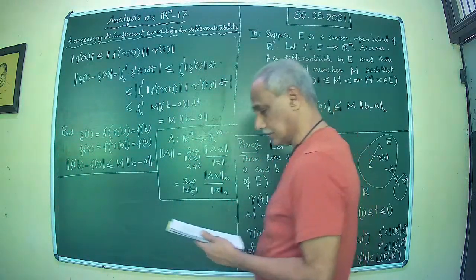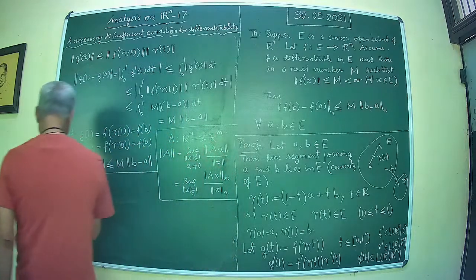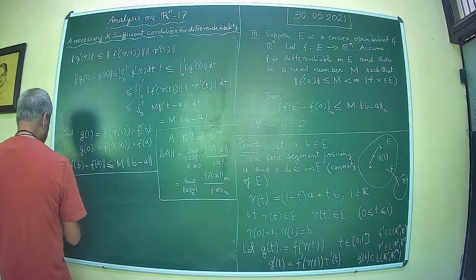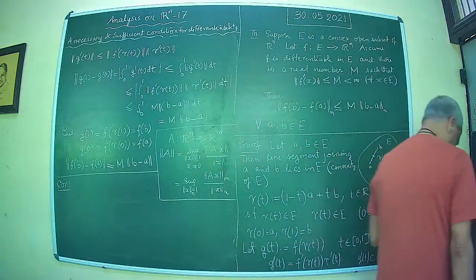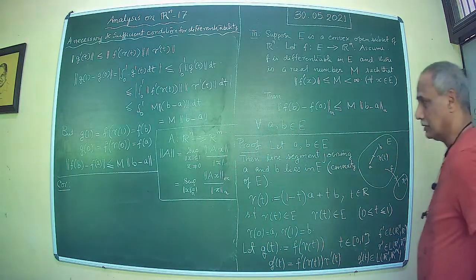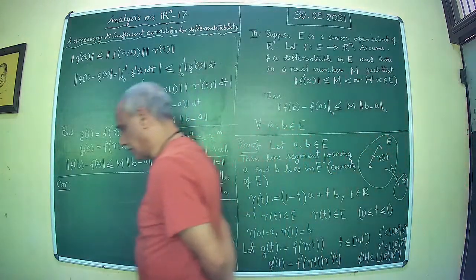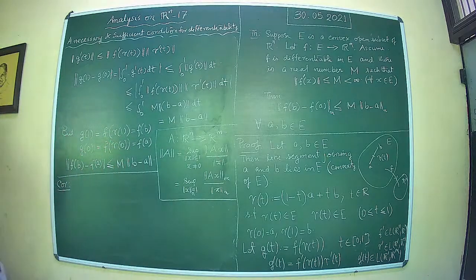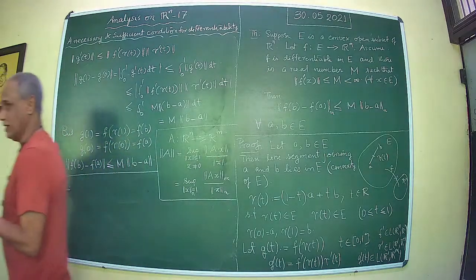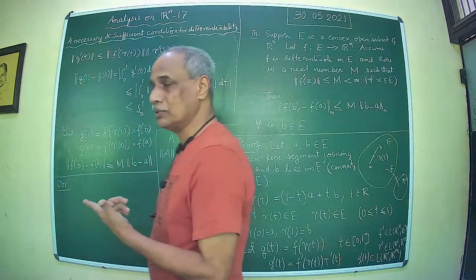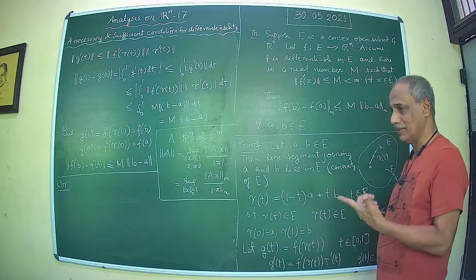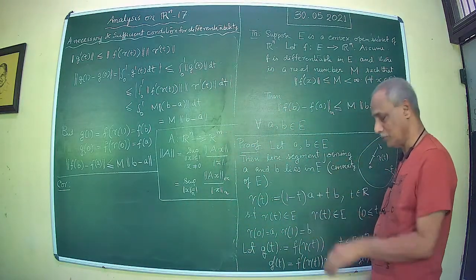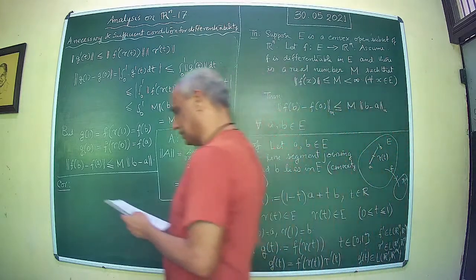So let us now state an important corollary. This corollary says that, again, just like the application of the mean value theorem, if f derivative is 0... you recall that on an interval, suppose f derivative is 0 everywhere on that interval, then f is a constant. So we are going to prove a similar analogous result.